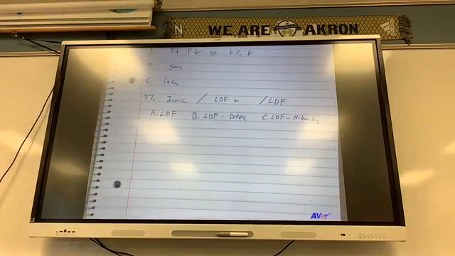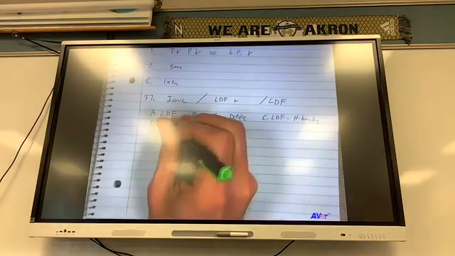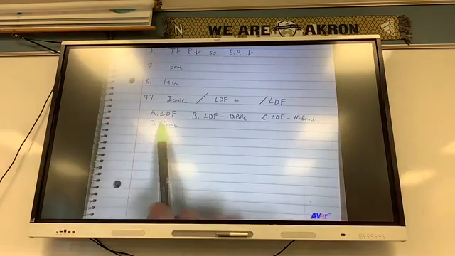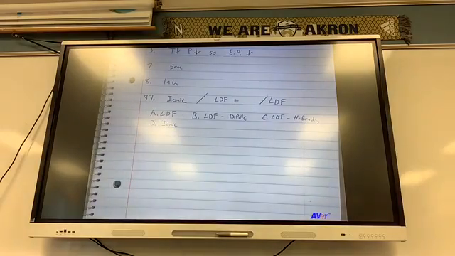D, ionic. Remember, this is asking for interparticle forces. Is ionic really a type of intermolecular force? No. So once it's ionic, we're out of that area.